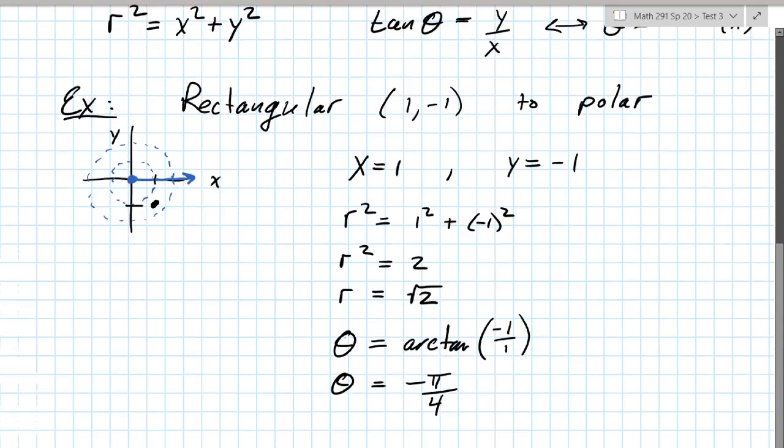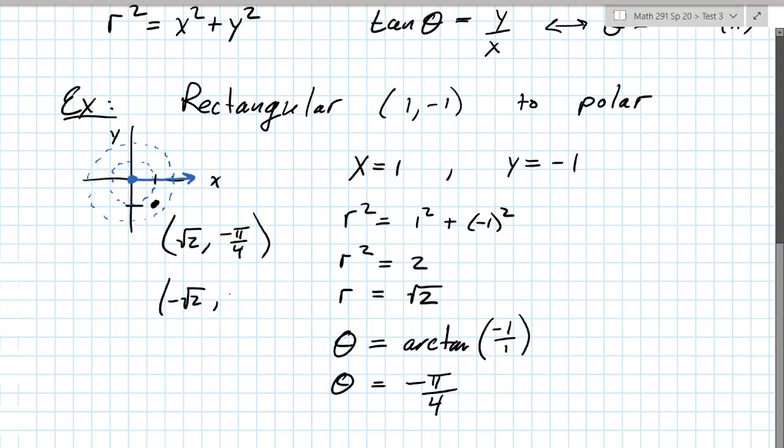So we have a couple ways to think about this point. We can think about it as a radius of square root of 2 and an angle of negative pi over 4.